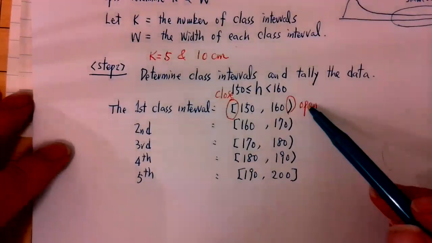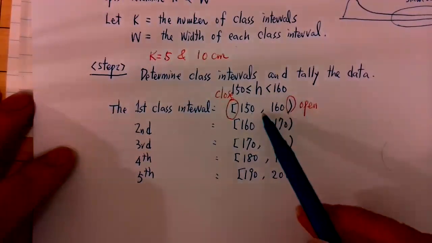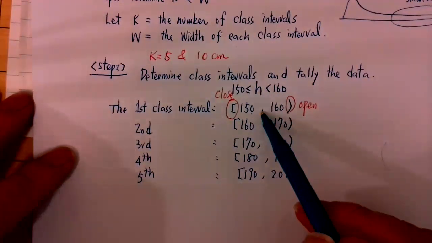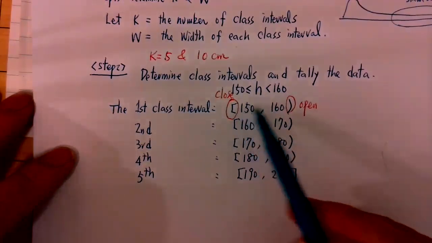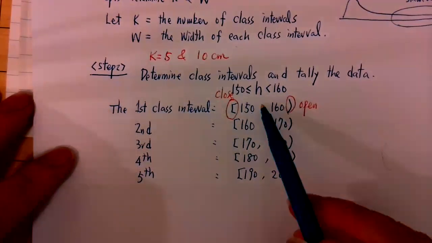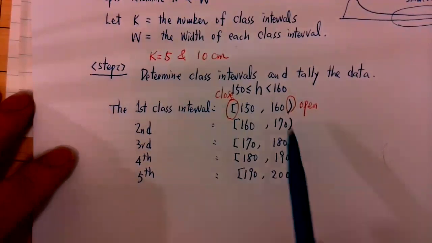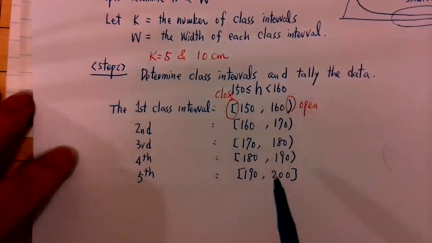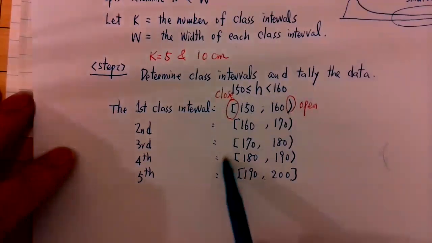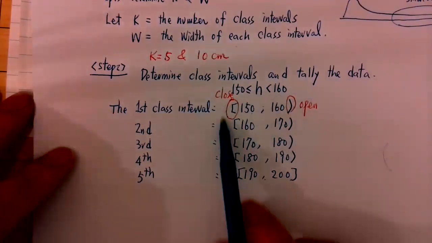What does that mean? Now, we know the shortest student in the class was Queenie. Queenie was 155 centimeters. So this first class interval covered the shortest student. And the tallest one, John, 196, is covered here. If the shortest one is covered and the tallest one is covered, then everybody in that class will be covered.